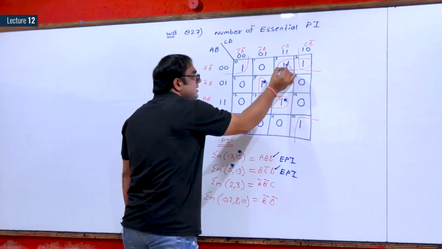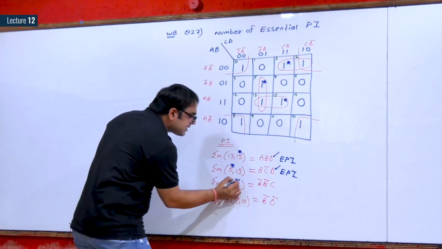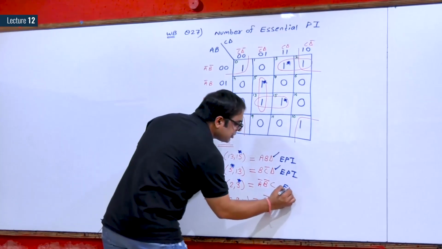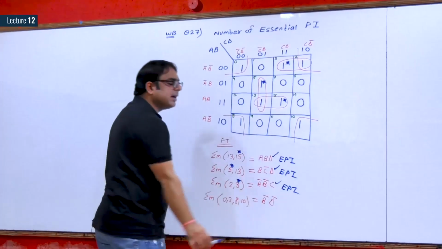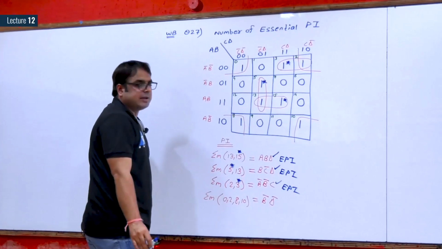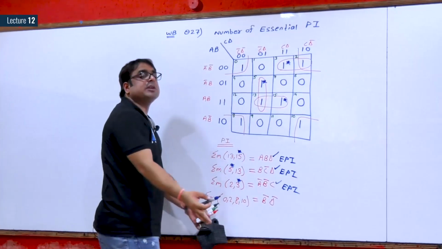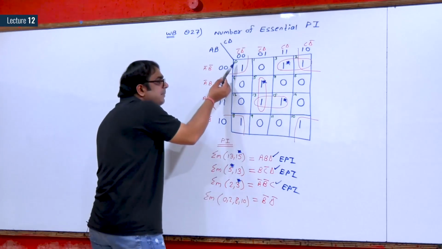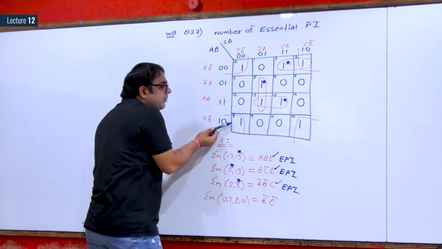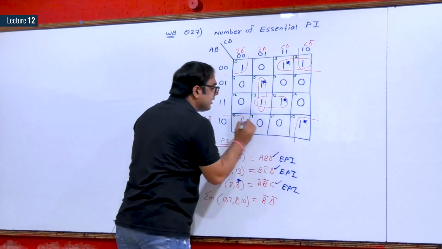Now see, this 3 has only one option. Because of this 3, this is an essential prime implicant. So 3 has also given me an essential prime implicant. This minterm number 2 has two options. It will not give me an essential prime implicant. Now minterm 0, minterm 8 and minterm 10 each have only one option.